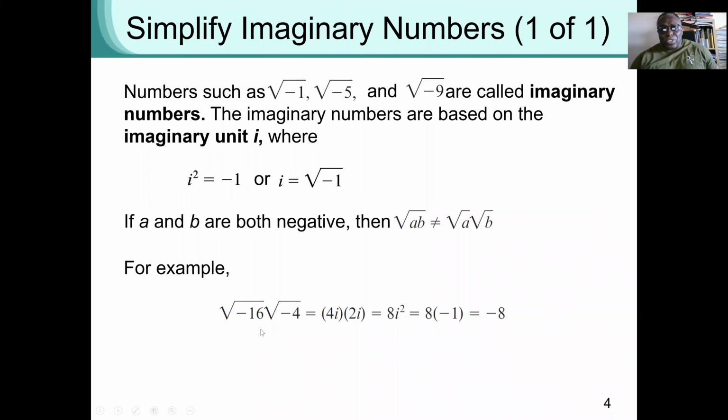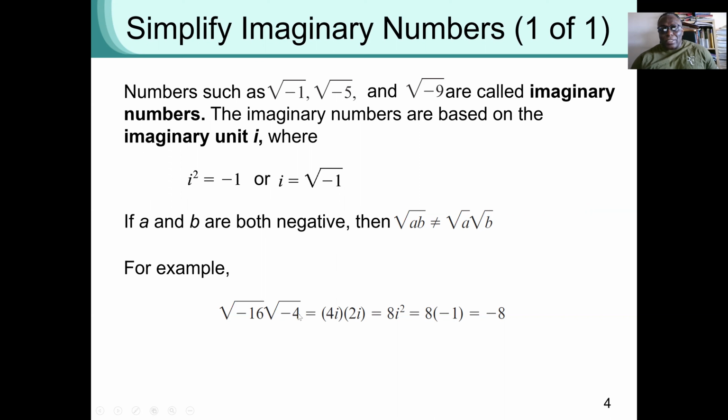We have the square root of negative 16 times the square root of negative 4. So we know that the square root of negative 1 is i. So here we can say, okay, we know 4 squared will give me 16. So I'll get 4i. Why i? Because the square root of negative 1 is i. So we get 4i, and our square root of 4 is 2.